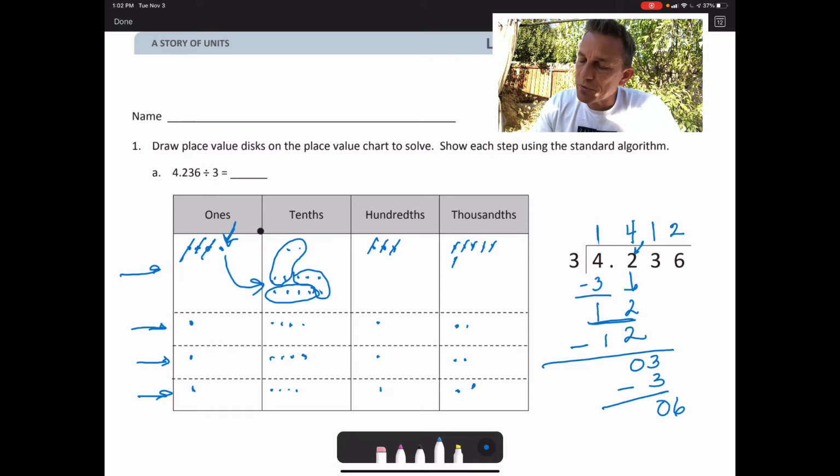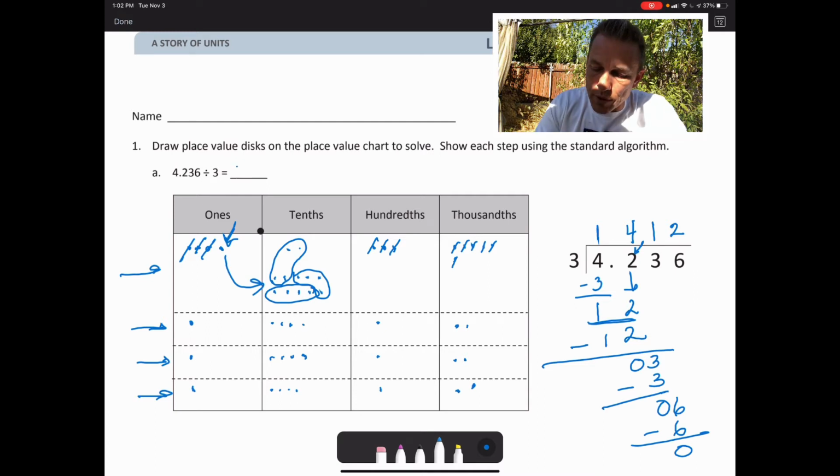So I can share 2 thousandths in each group, and I shared a total of 6 thousandths. So I shared them all, and there was no thousandths left. So our quotient is 1 and 412 thousandths.